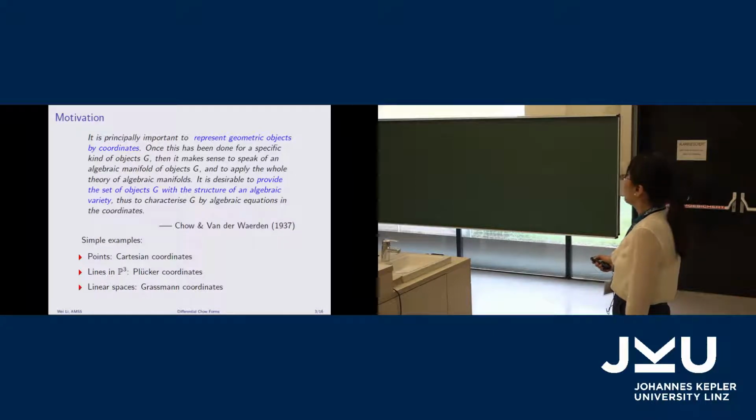And further, for linear spaces in the n-dimensional projective space, they can be represented by the Grassmann coordinates. And we will take the Plücker coordinates as an example to illustrate in detail, so that we could give a better understanding of the Chow coordinates later.